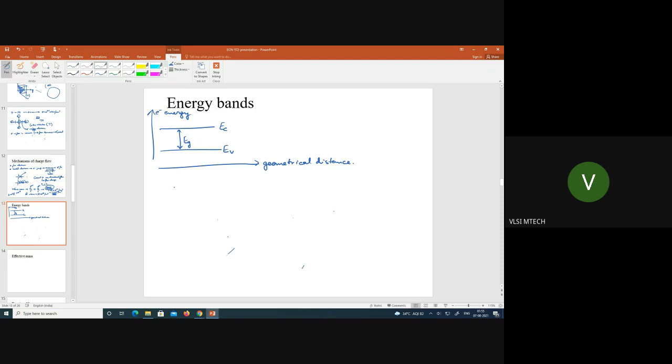Now, say I know the energy of a free electron. Say I have a free electron, the energy of it is E. Can you tell me, just from this information, what would be the potential energy of this electron and what would be the kinetic energy of this electron? Say this is the band gap of the material in which the electron is in.